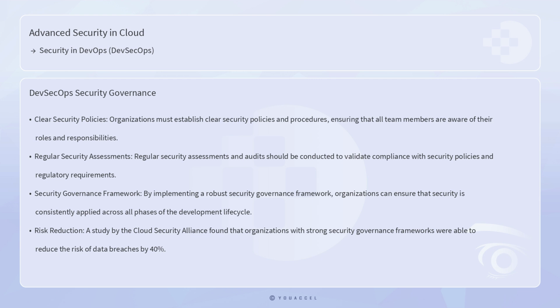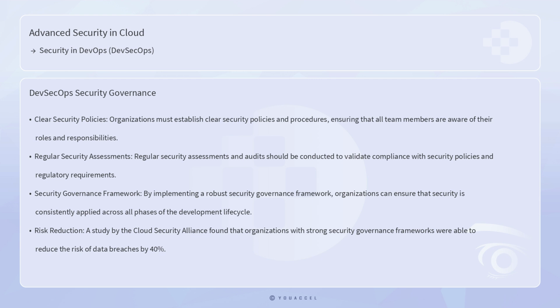In addition to these technical practices, DevSecOps emphasizes the importance of security governance and compliance. Organizations must establish clear security policies and procedures, ensuring that all team members are aware of their roles and responsibilities. Regular security assessments and audits should be conducted to validate compliance with security policies and regulatory requirements.